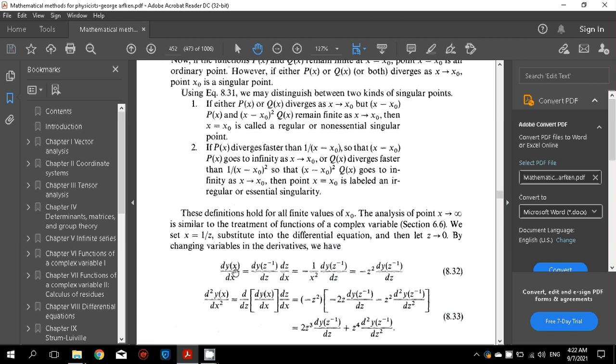When we put x is equal to 1 over z, it becomes a check of whether z tends to 0. Whatever behavior the differential equation shows with z tending to 0 will be the same as the behavior of the differential equation in terms of x tending to infinity.